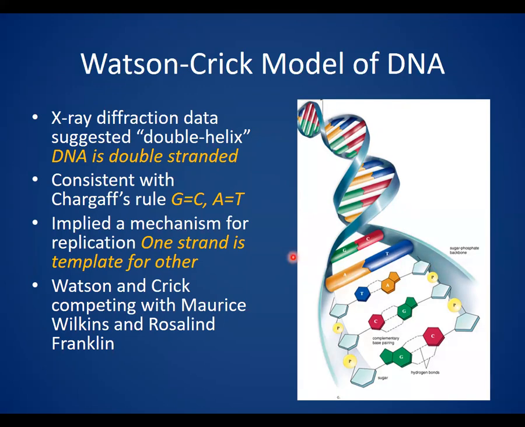Like those little round staircases, except there were two of them. So Watson and Crick hypothesized that there was a mechanism, or there was a structure whereby the nitrogenous bases, one was attached to one strand and one was attached to the other strand, and they met in the middle of the DNA molecule.